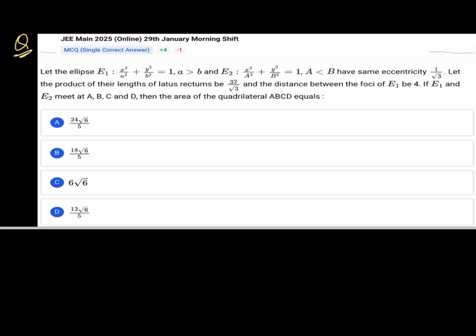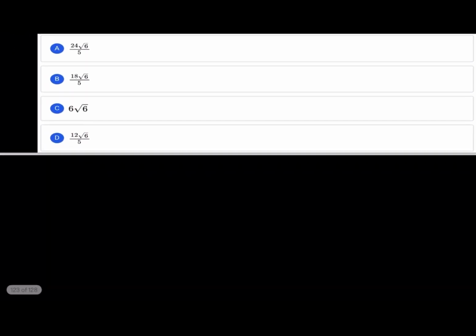Let the product of their lengths of latus rectum be 32 by root 3 and the distance between the foci of E1 be 4. If E1 and E2 meet at A, B, C and D, then the area of the quadrilateral ABCD equals. So here two ellipses are involved, one is horizontal and the other is vertical, right?